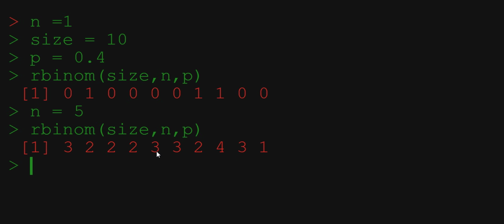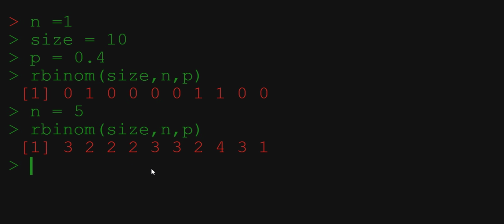For instance, 3 means that out of 5 coin tosses, we got 3 times heads or ones and 2 times tails or zeros. The minimum number of heads we can get in 5 coin tosses is 0, and the maximum is 5.